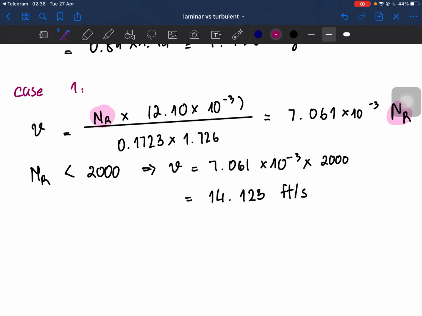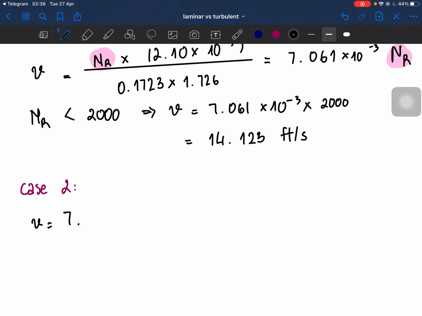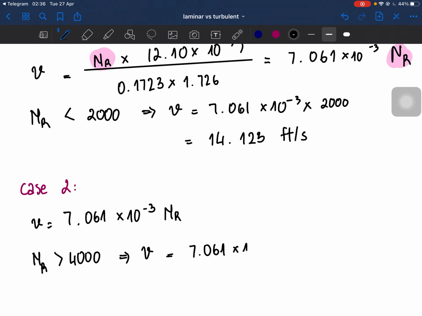And in case 2, the velocity is the same, because the case is based on Reynolds number only. NR here in case 2 is larger than 4,000. We can get velocity equals to 7.061 times 10 to the minus 3 times 4,000, because in this case we can just multiply the number to know whether it exceeds or stays under the number here.